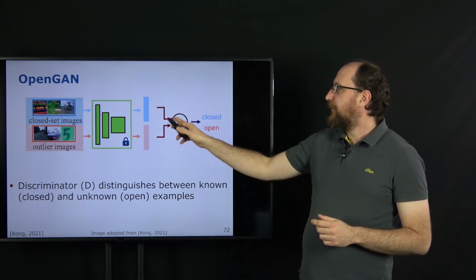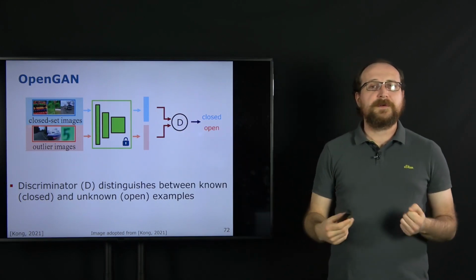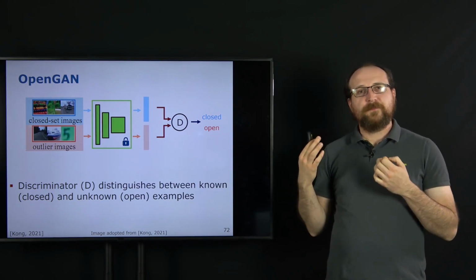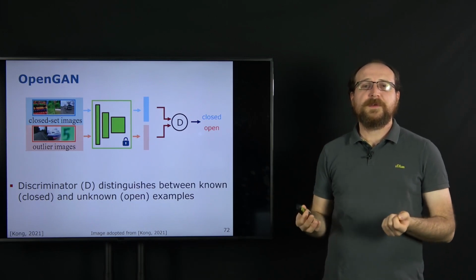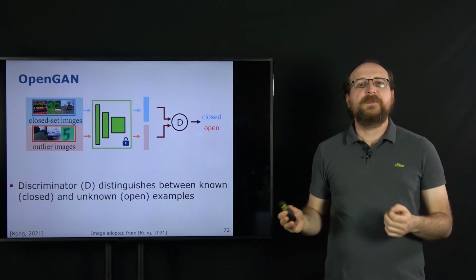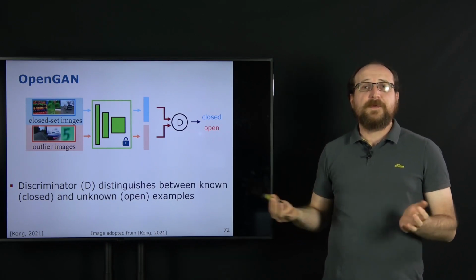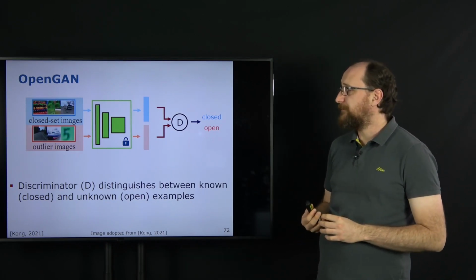And this discriminator is then telling us when it sees something that it supposedly did not see before in the training set, such that we can react to this, or maybe take a snapshot of this image and let someone label it or take a look at it.